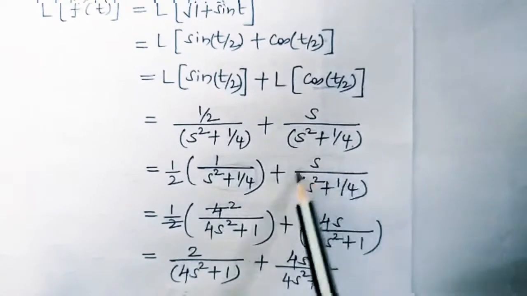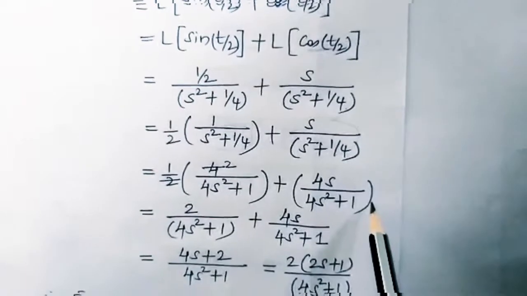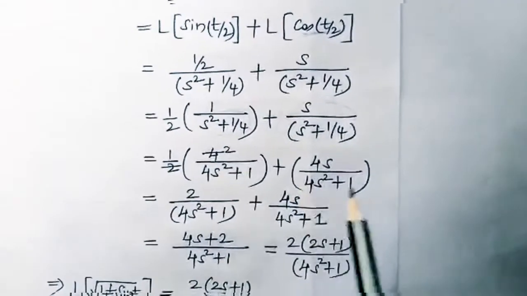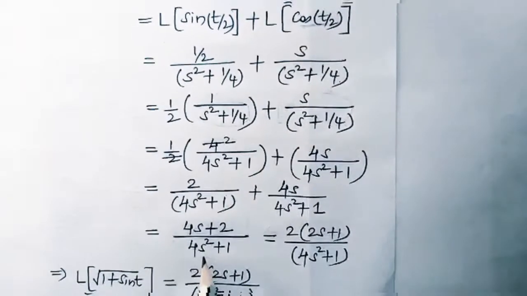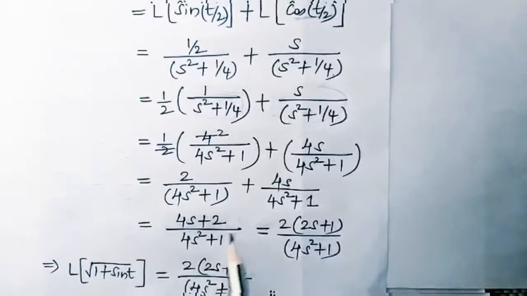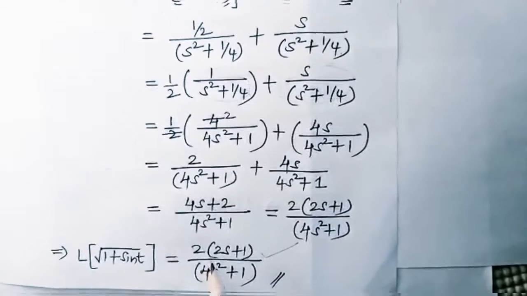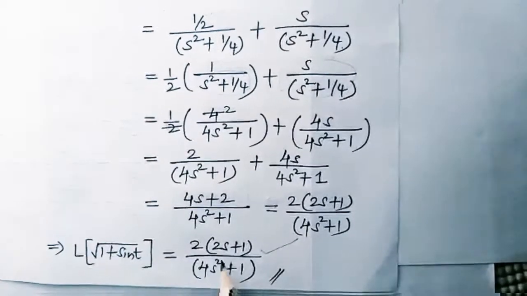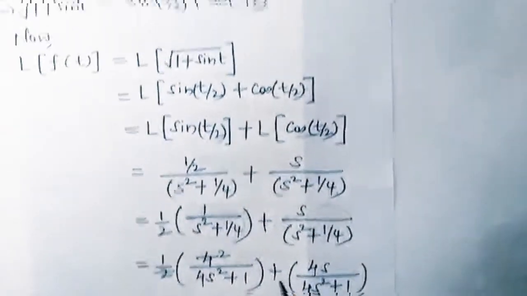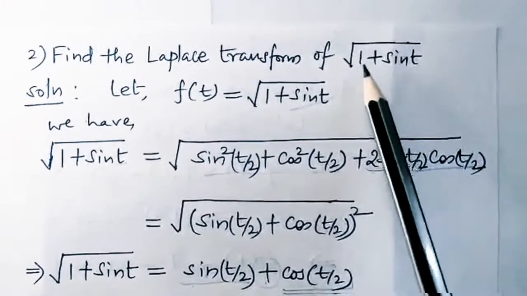Then in the next term, 4s divided by 4s square plus 1. So this is the simplified form of the problem, that is 4s plus 2 divided by 4s square plus 1, which can be expressed in the simplified form as 2 times 2s plus 1 divided by 4s square plus 1. Okay, so here we have seen how the Laplace transformation of this particular function has been obtained, though it was not expressed in the standardized form.